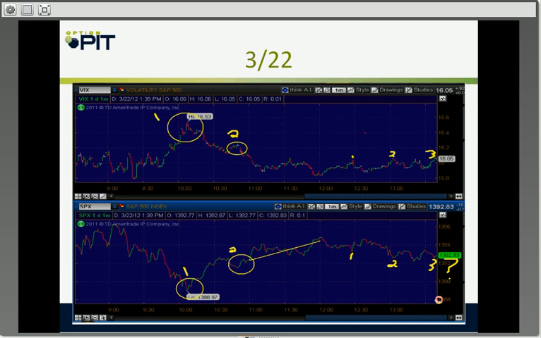All right, here's one from 322. We'll play a little guessing game. So you've got scenario 1. You can clearly see the VIX is at the high of the day, S&P is at the low of the day. All right.